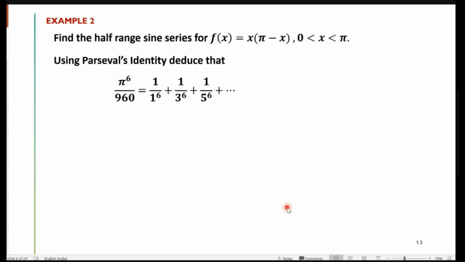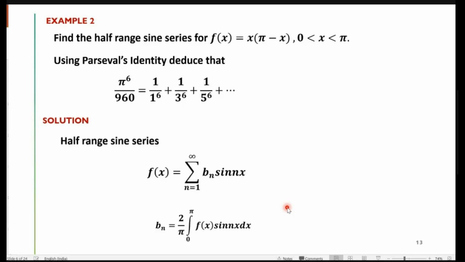So the formula for Bn will be 2 by pi integral 0 to pi f of x into sin nx dx. Substitute for f of x and then use uv rule to integrate the function and calculate what is Bn.